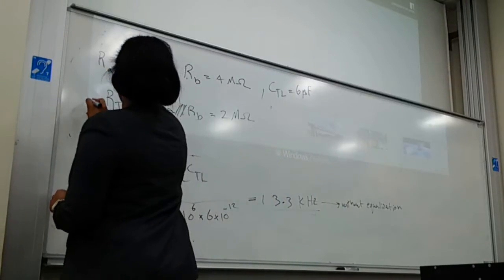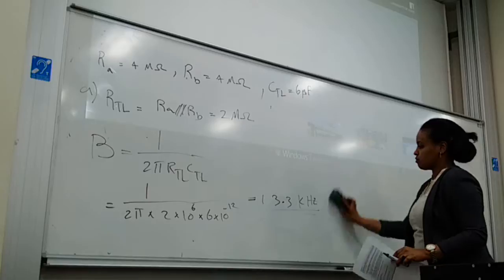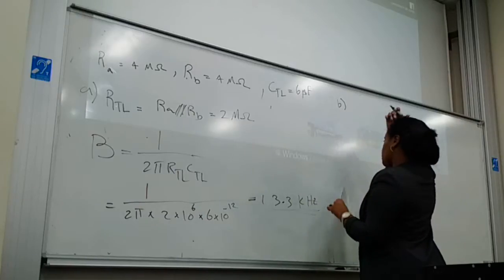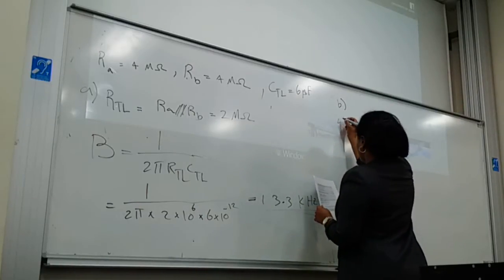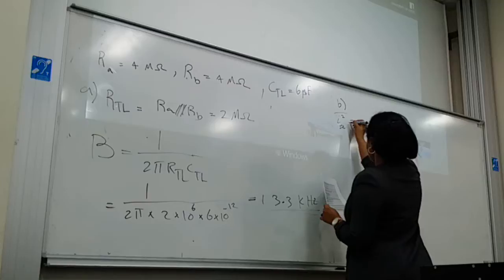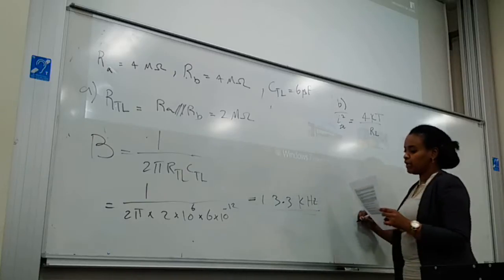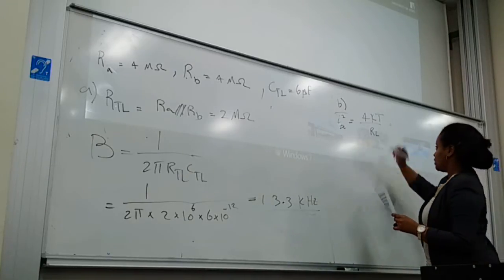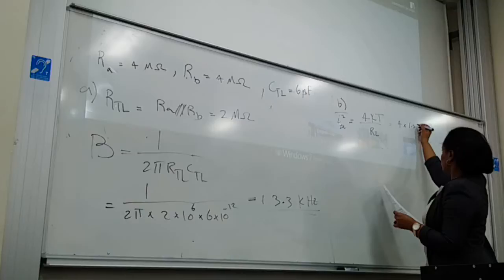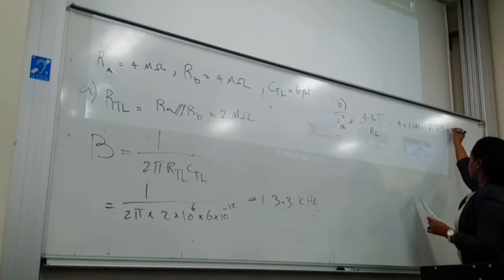So this is A. They wanted per unit bandwidth, so that's why we didn't multiply by that. 4 k_B T over R_total.